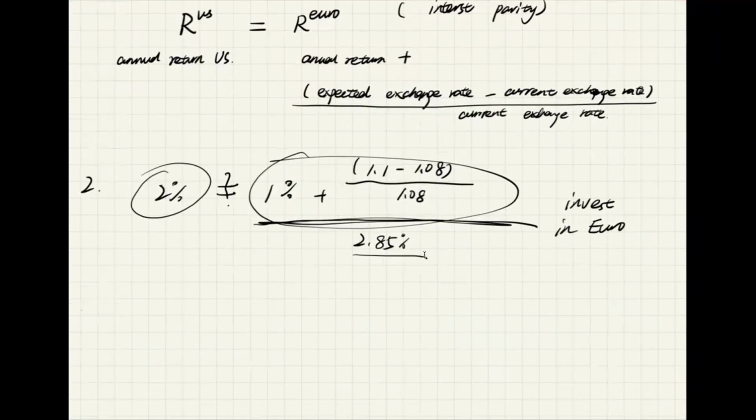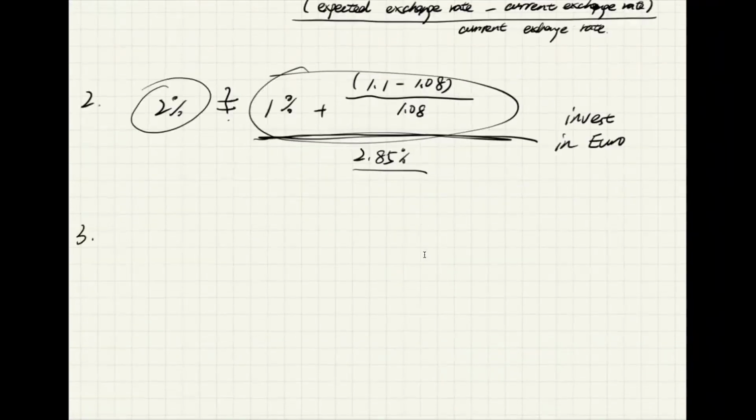For question 3, it would be the same because you just change the values and hold the interest parity. Okay, now the annual return of dollar deposit equals 3%, right? And the return of euro deposit is 1%.